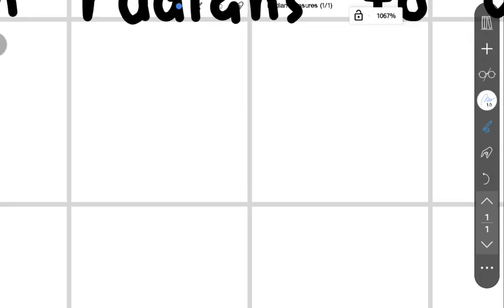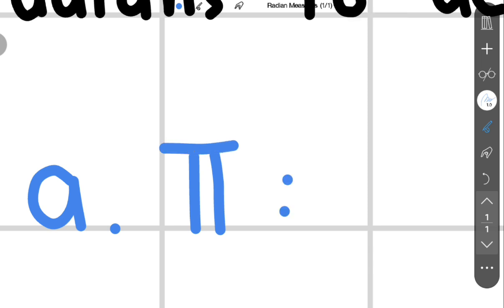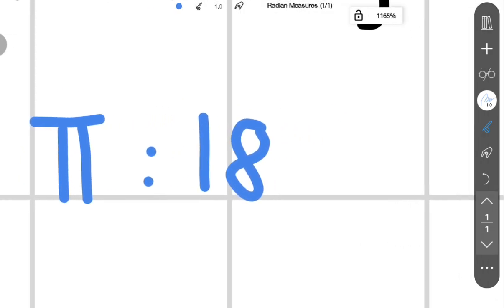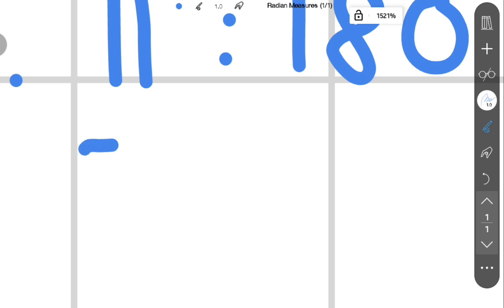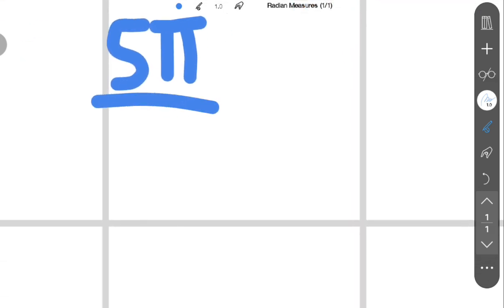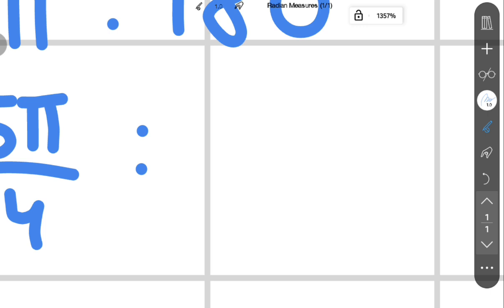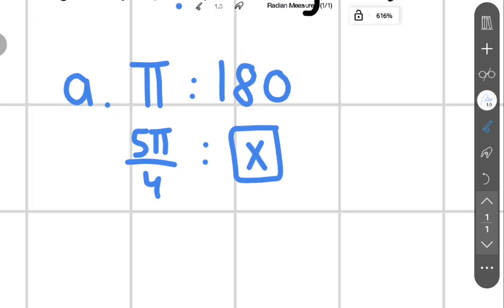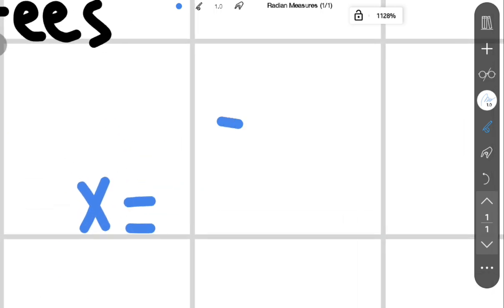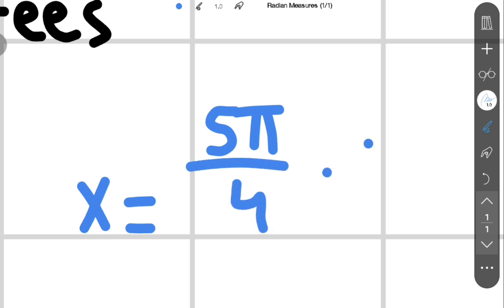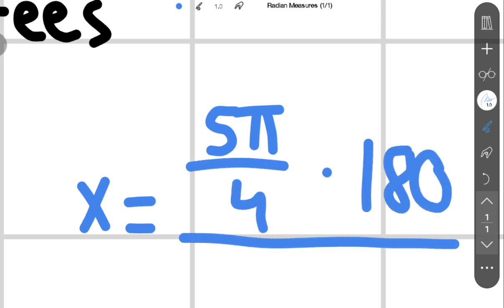Let's solve A. A is 5 pi over 4, so we have pi is equivalent to 180, which is the ratio between them. I'm trying to find x, which is basically the angle in degrees. And we have 5 pi over 4. We're trying to find x. So cross multiplication, of course. We have x is equal to 5 pi over 4 times 180 all over pi.